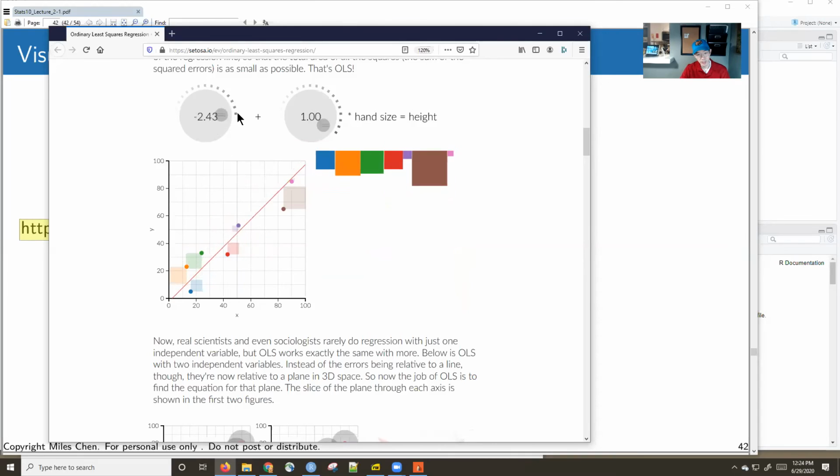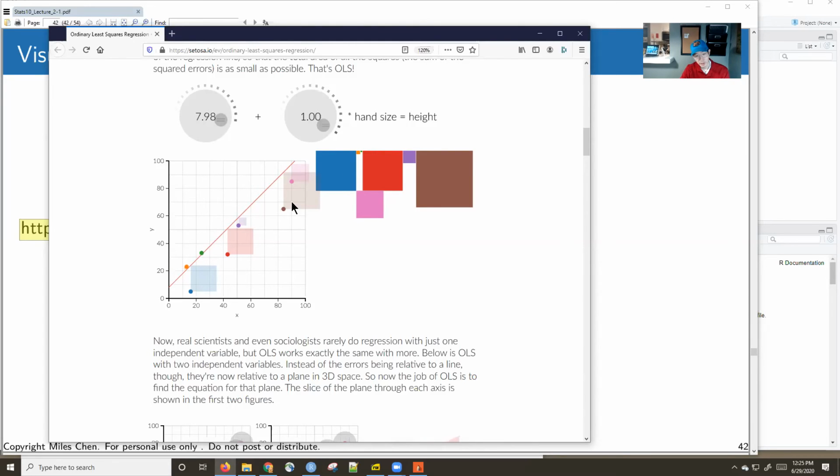And over here, as I move my line about, the squares all change size. As I slide it up, it predicts this orange and green dot very well, so they have very small residuals, but it does a bad job on the brown dot, and so it has a very big residual.